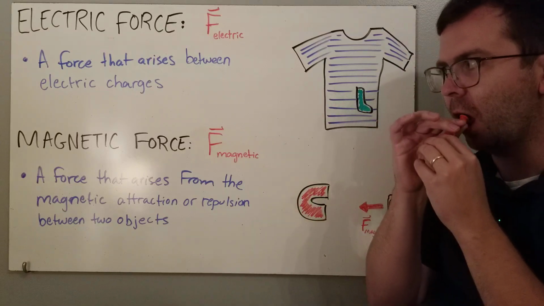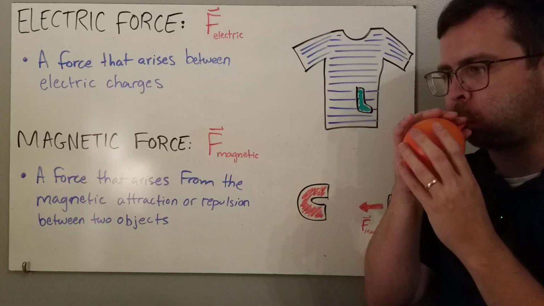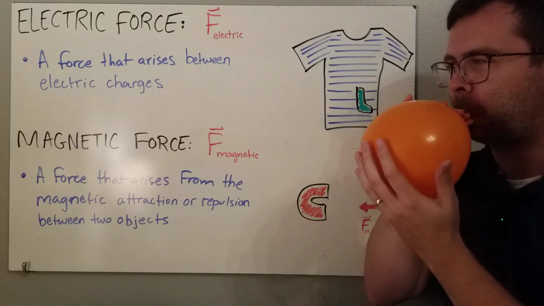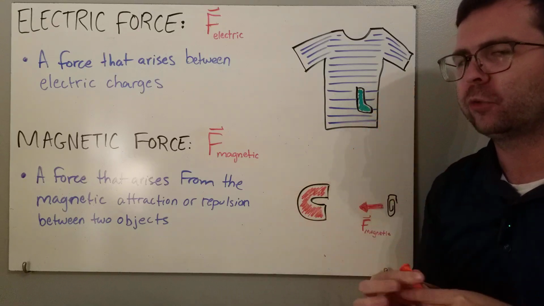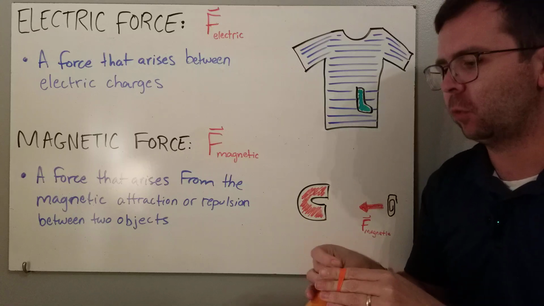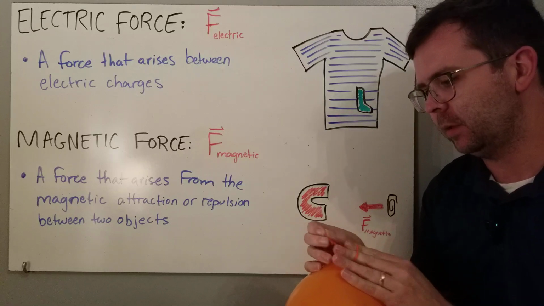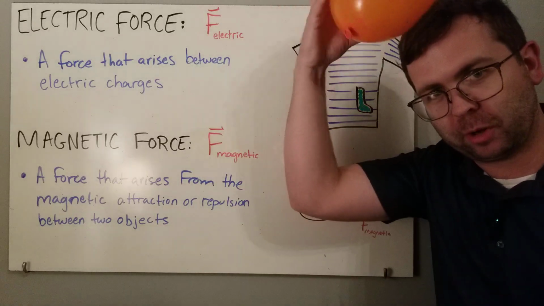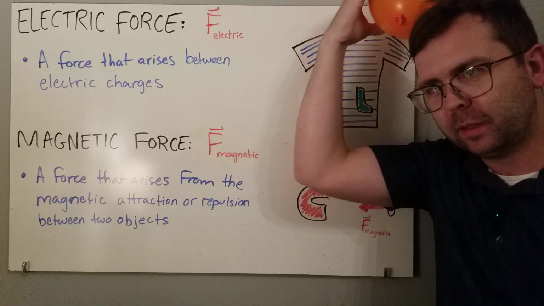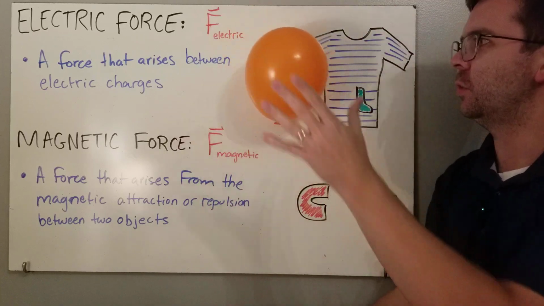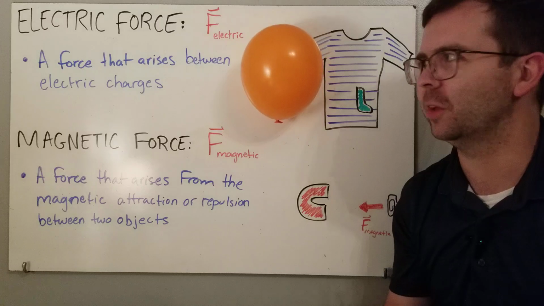So let me blow this one up. If you rub a balloon against your hair, you can steal some electrons from your hair and put them on the balloon, and then you can stick that balloon to the wall, right? And so that's an example of electric force.